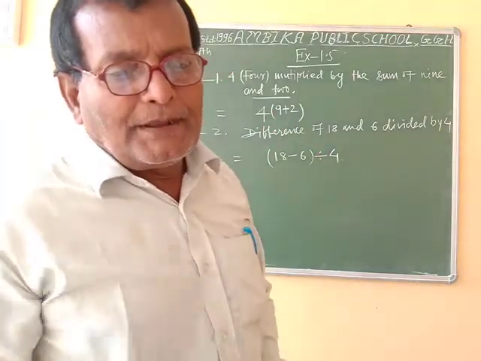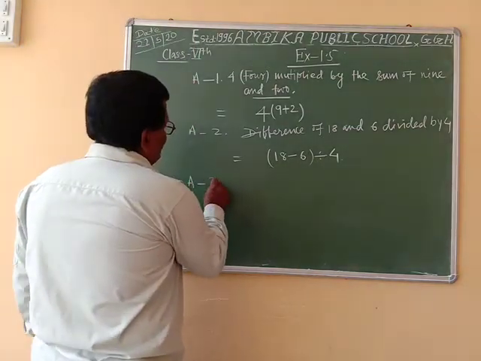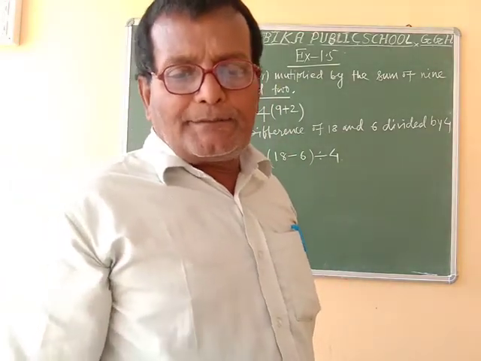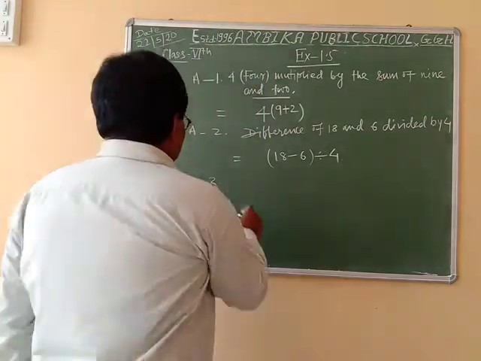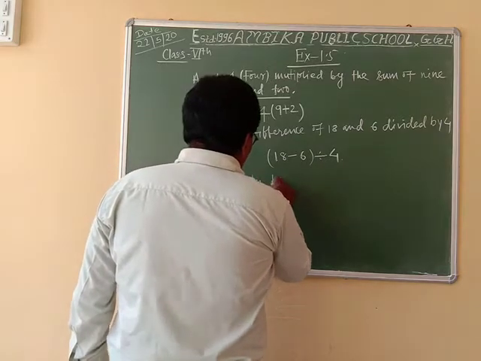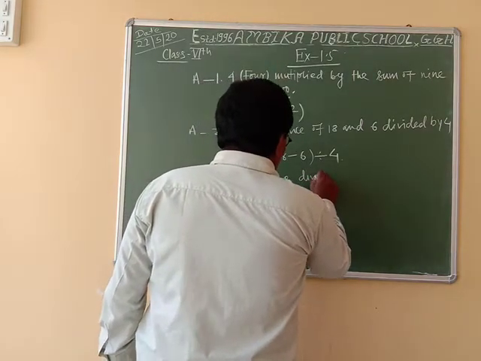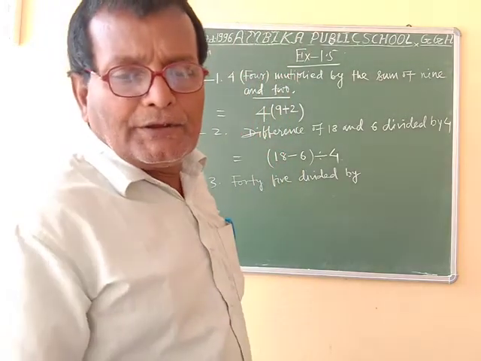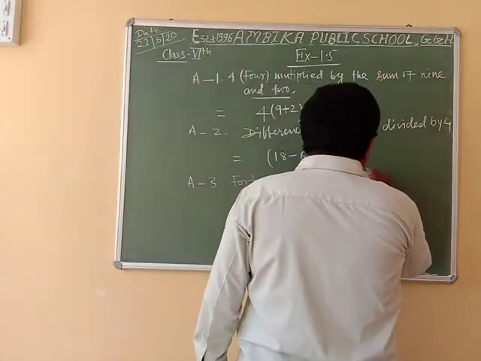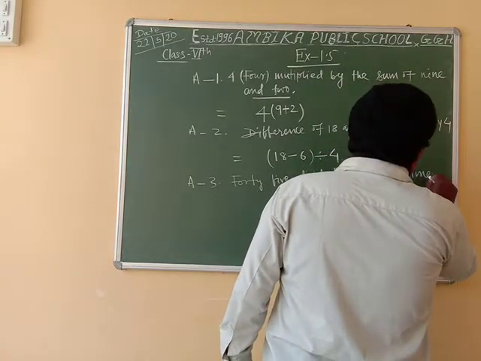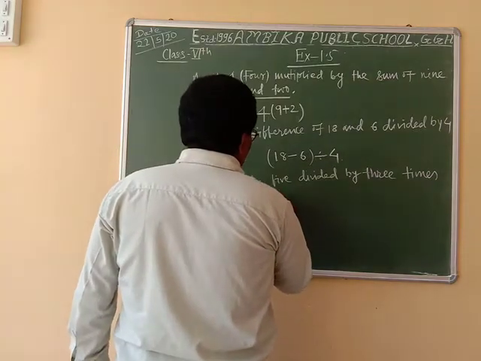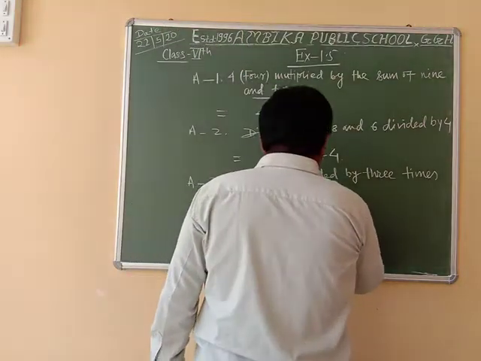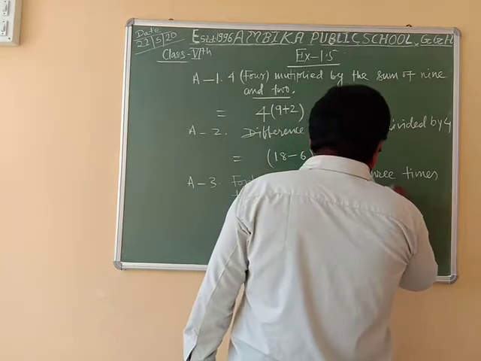Similarly, question number 3, 45 divided by 3 times the sum of 3 and 2.